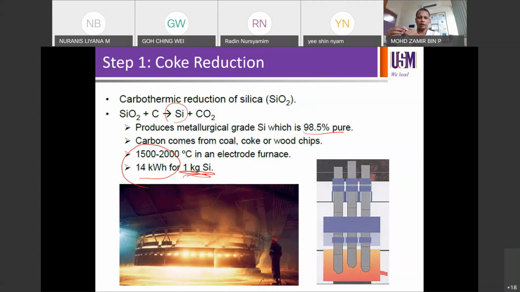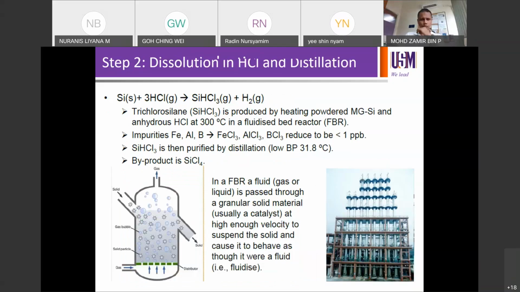In order to produce 1 kilo of silicon, that much, the energy required is 14 kilowatt hour, right? That's a lot for 1 kilo only. And if you talk about ingot production, then we're talking about tons and tons of production, perhaps hundreds of tons, thousands of tons, right?